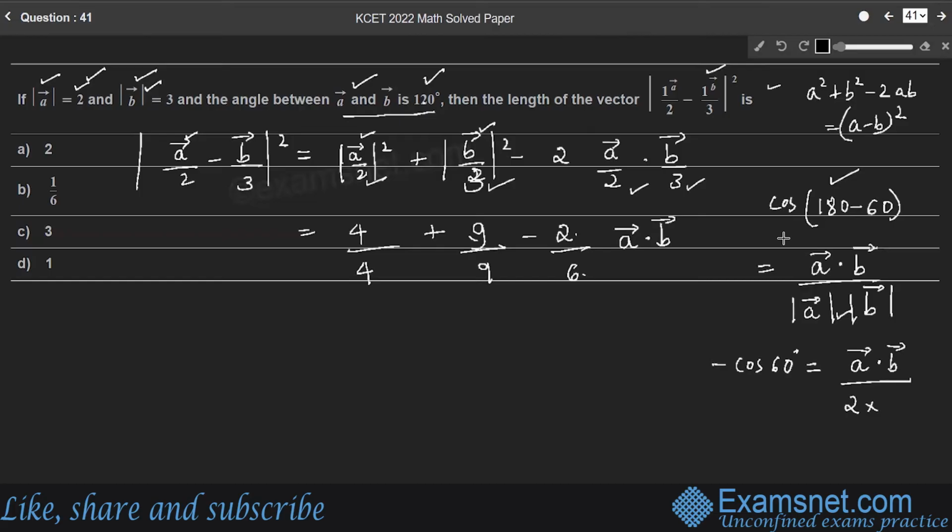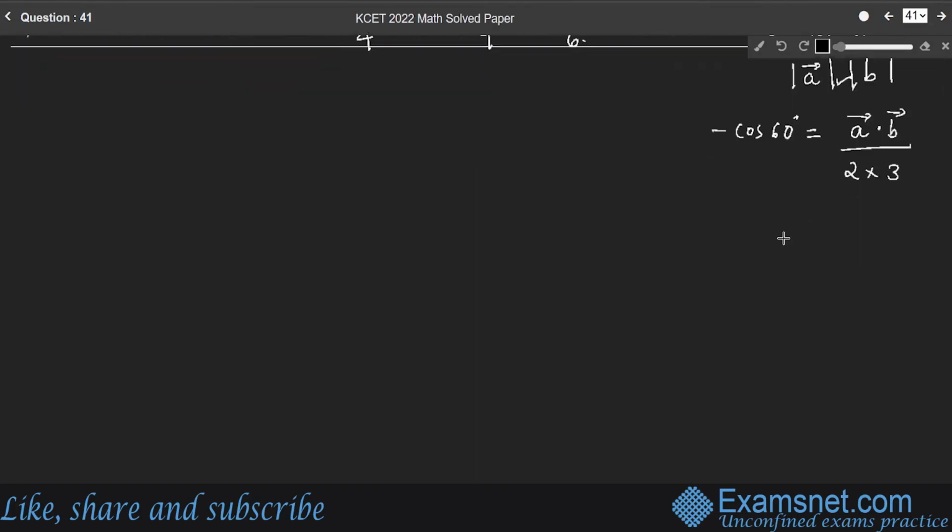Mod A into mod B is 2 into 3. Whereas cosine 60 is 1 by 2, so it becomes minus 1 by 2. So when 2 by 3, 6 goes to the LHS part, it becomes the numerator part.